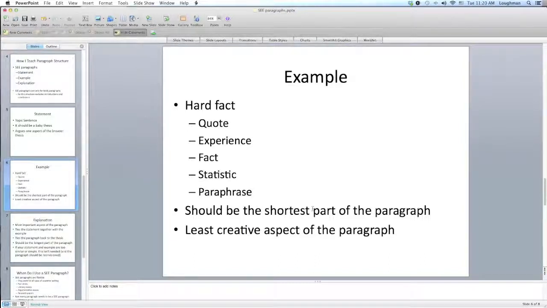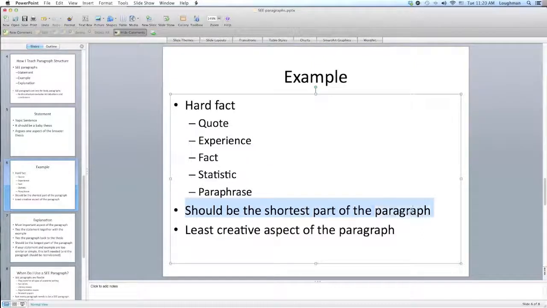A lot of students, they like to summarize. They like to quote. They like to paraphrase. And what that does is it overshadows their own opinion. And that's why I say this down here. It should be the shortest part of the paragraph.